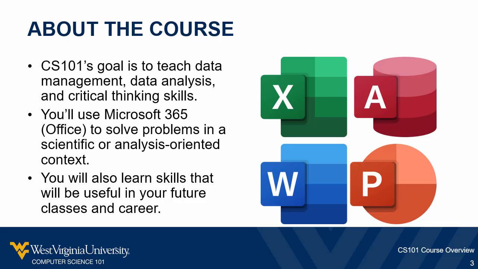As part of this process, we're going to be working with the Microsoft 365 suite, what used to be called Microsoft Office, to solve a variety of different types of problems based on real world scenarios. We're looking at things with scientific type backgrounds and some with more business oriented backgrounds, but along the way, we'll be working with analyzing data of different types of problems from the real world.